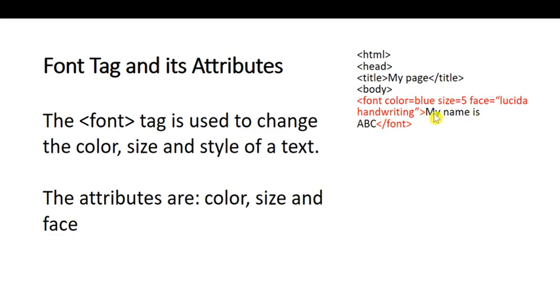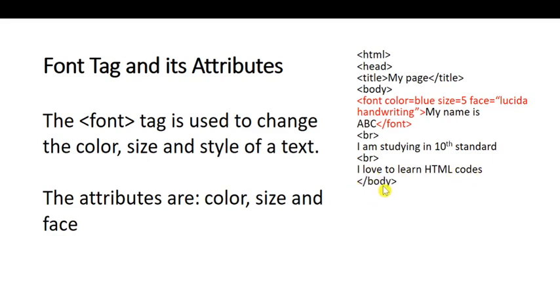Then comes the text, then the closing font tag. See here, closing font tag. After that, BR, and then "I am studying in 10th standard", and BR, then "I love to learn HTML codes", and the closing body tag, closing head tag, closing HTML tag. All these tags are closed.